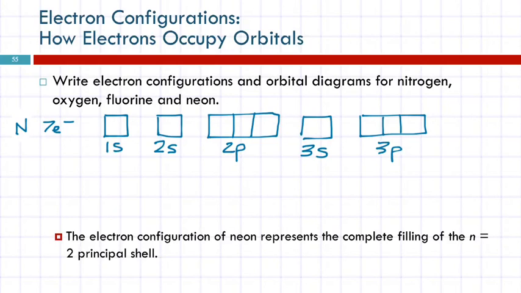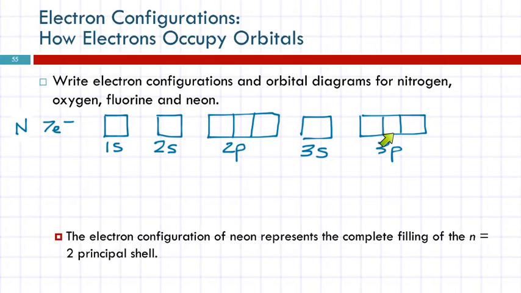Now, does that mean that those orbitals don't exist? No, they do. Just like in a hotel, if people aren't staying on the third floor, those rooms don't disappear. They're just empty, right? Do we need to write them down all the time? Absolutely not. But are they there? Yes.